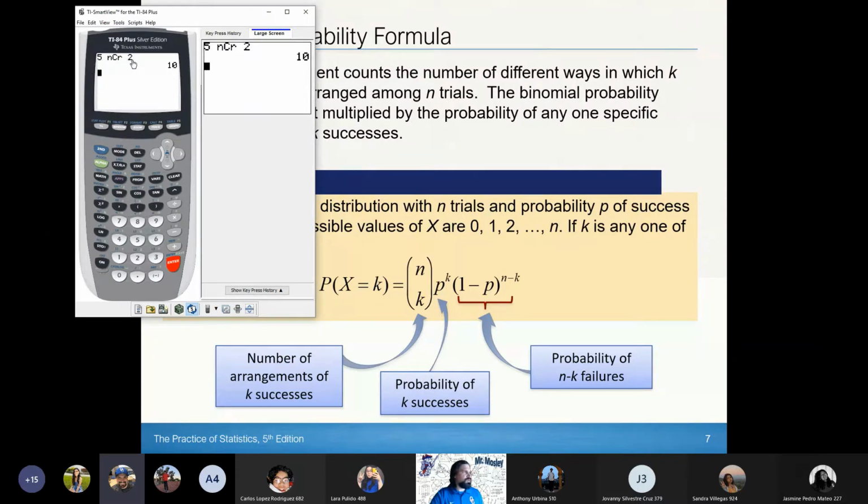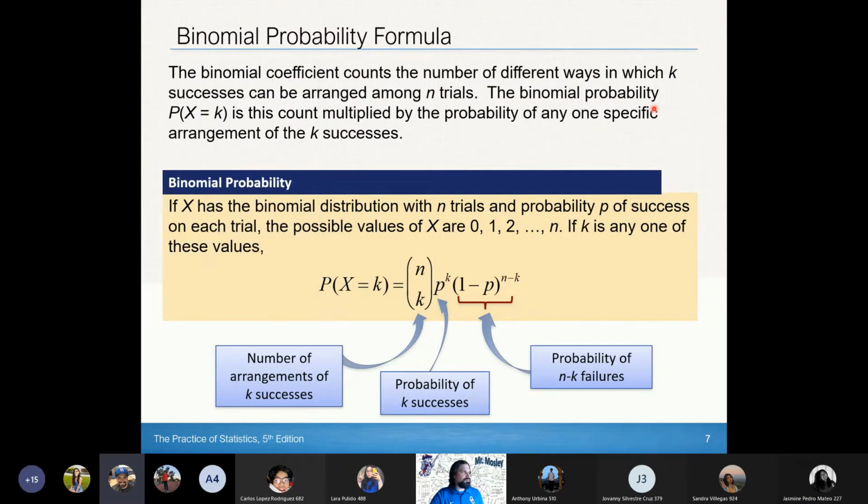So the number of ways to pick 2 successes out of 5 possible things is 10. Again, use math and the probability tab, and you get nCr. We won't get into nPr. So I'm going to switch over to the next slide.